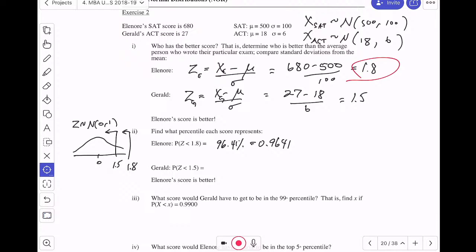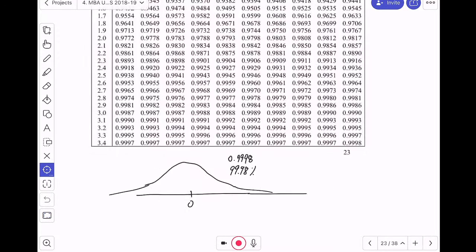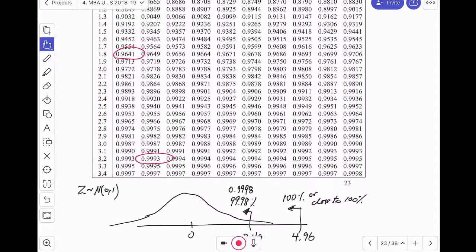And when you calculate this for Gerald, 1.5, we have to pull down a bit here. 1.5 is here on the table, the chart. 93.32.